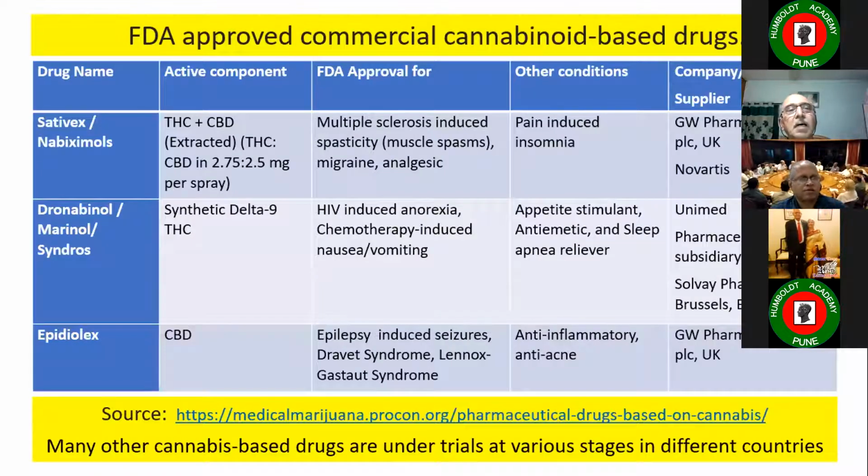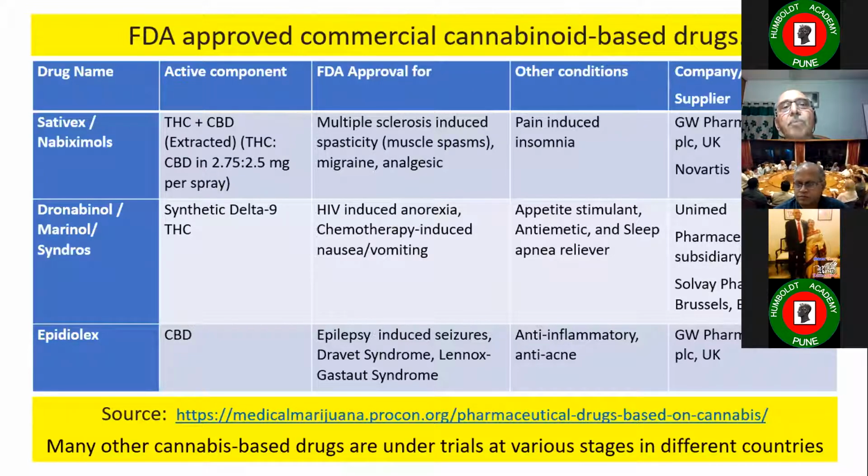Now, these are the FDA-approved commercial cannabinoid-based drugs available. And these are the companies, you can say, GW in the UK, and the name is Sativex or Nabilone, and dronabinol is basically a synthetic drug, as I told you. It's a derivative of HU210.